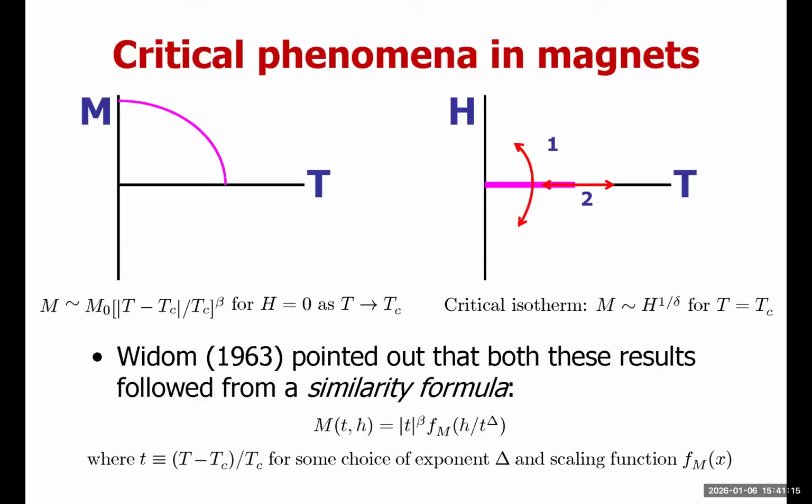You learned that on your mother's knee. That's called Curie's law. Well, it's not true at a critical point. If I sit exactly at Tc and I measure the magnetization as a function of external magnetic field, then it goes as a power law.